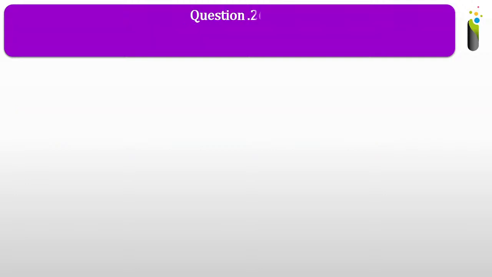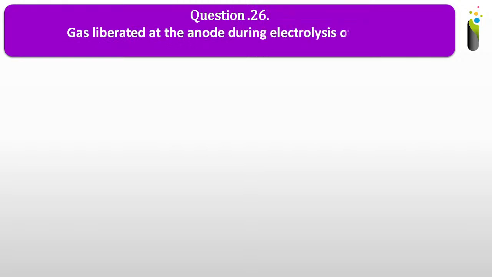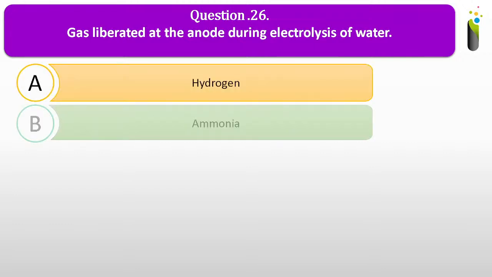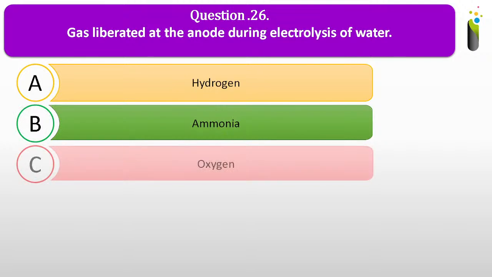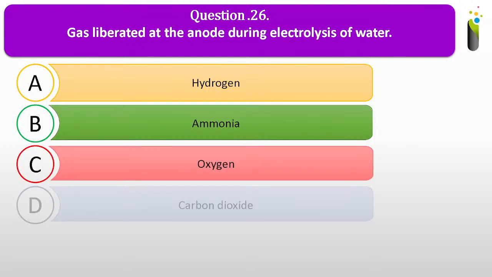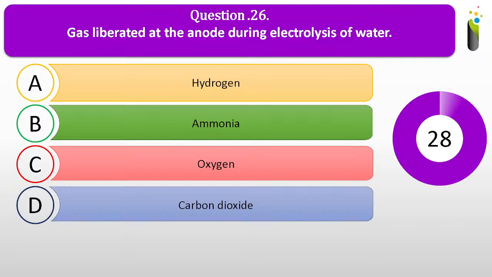Question number 26. Gas liberated at the anode during electrolysis of water. A, is it hydrogen? B, is it ammonia? C, that is oxygen. D, that is carbon dioxide. So the gas liberated at the anode during electrolysis of water, what should it be?